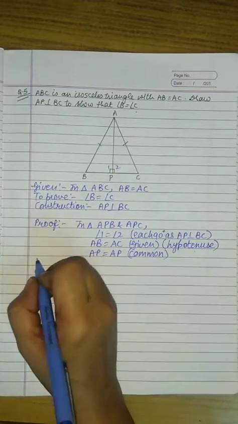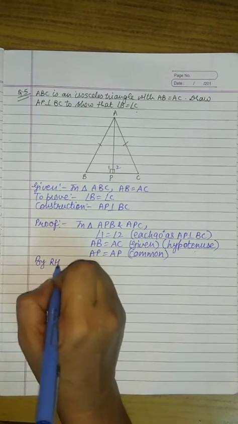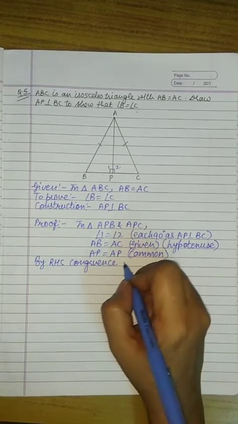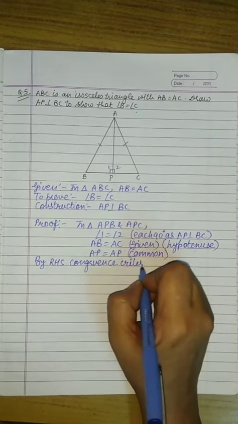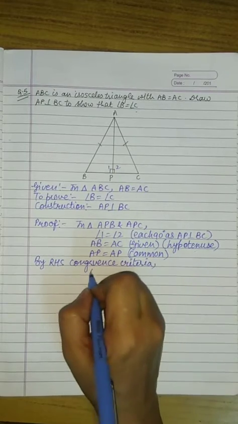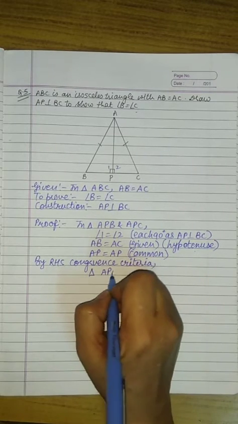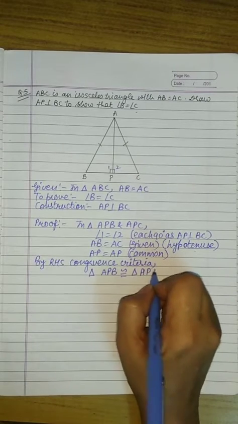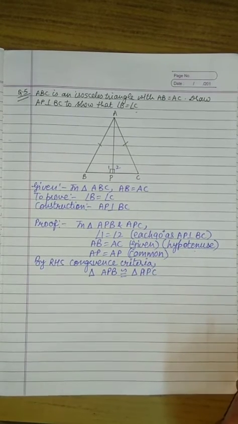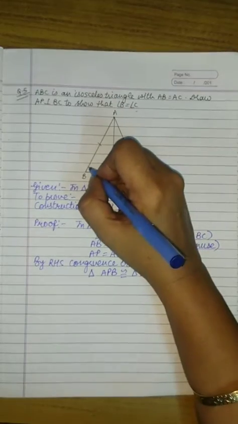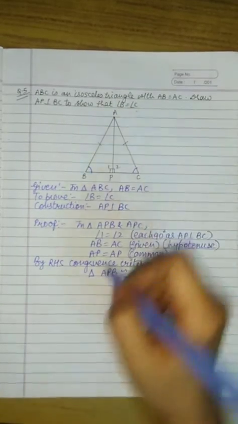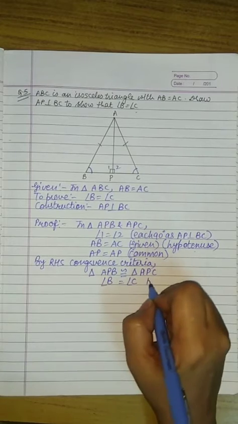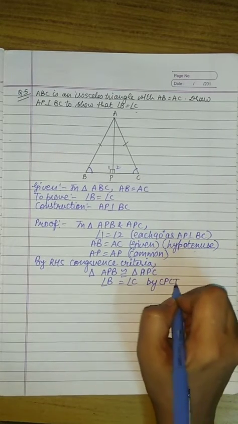So by RHS congruence criteria or rule, triangle APB is congruent to triangle APC. If both the triangles are congruent, then we can say angle B is equal to angle C by CPCT.